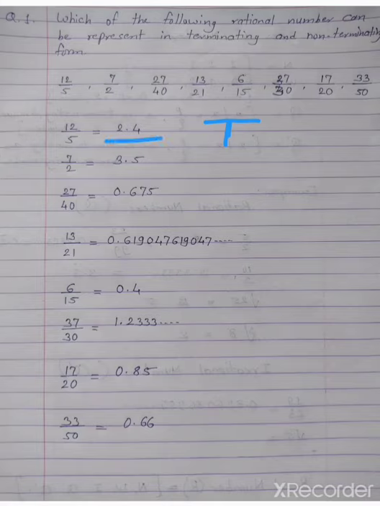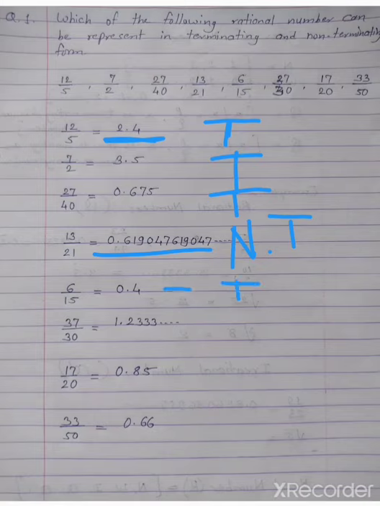Our first number is terminating, since it is 2.5. The next number is also terminating. The third number is also terminating. The fourth number is non-terminating, because the process of division is not stopping, therefore it is non-terminating. Here also this is terminating.